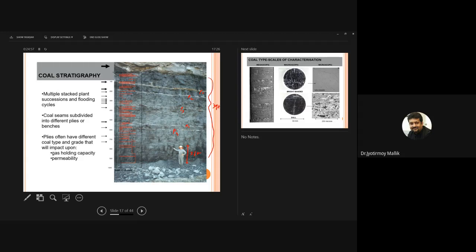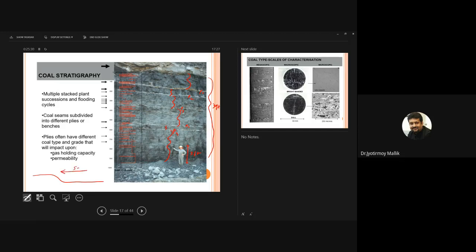Okay, so each of these intervals represents major depositional cycles. Major depositional cycles means that, as we talked about, coal essentially forms in a deltaic environment. That deltaic environment occasionally gets inundated by the sea.